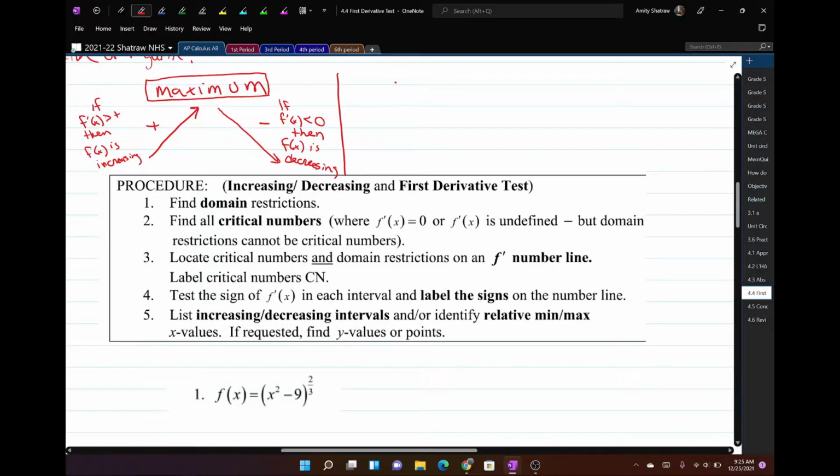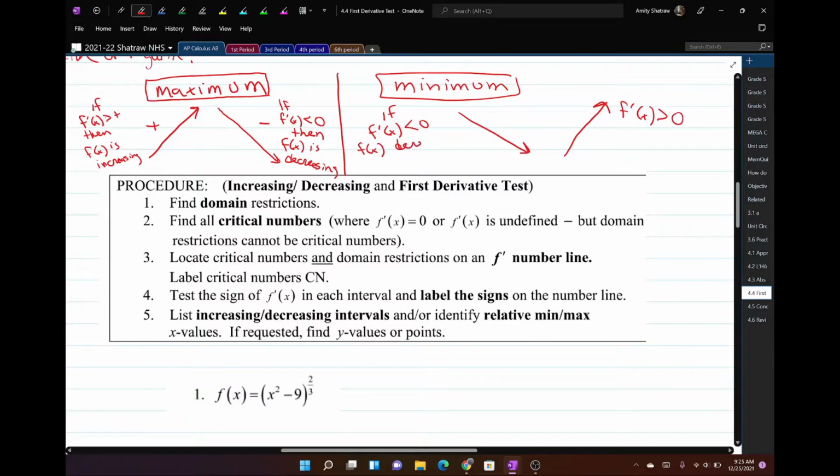All right, so then you will say that you have found a minimum if f prime of x was less than 0, and you could say then that you see later on that f prime of x was greater than 0, because my function decreased and then it increased again. And we need this for putting together our final answer down there.